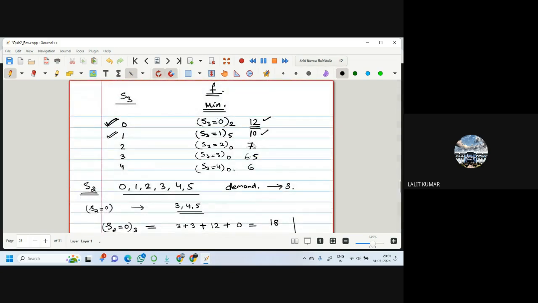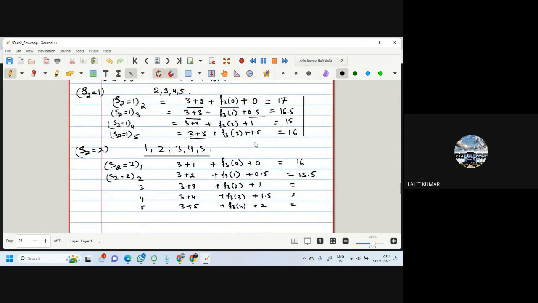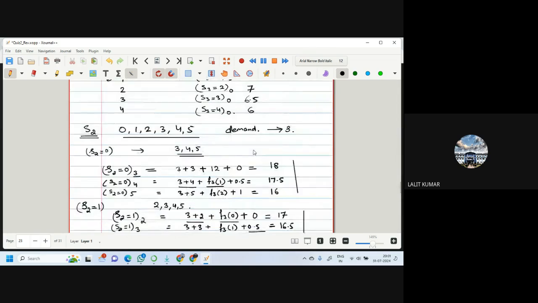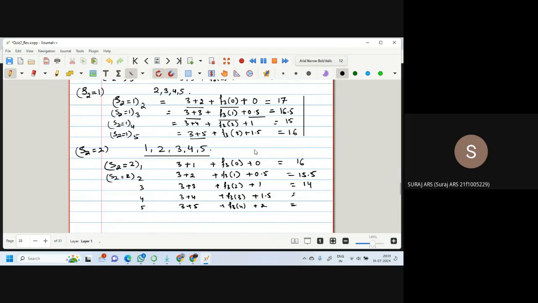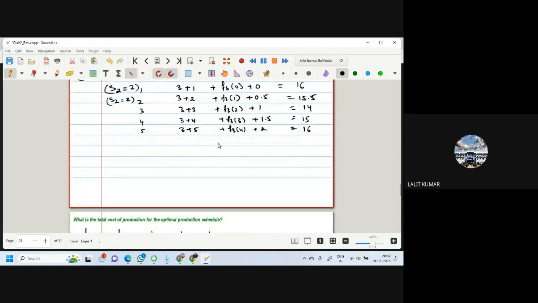F3 2 is 7. 3 plus 3, 6 plus 7, 13 plus 1, 14. 4 plus 3, 6.5, plus this 1, 7 plus 13.5 is 15. Yes, correct. And this 6 was last 6. So 5 plus 3, 8, 8 plus 6, 14, 14 plus 2, 16. Correct.